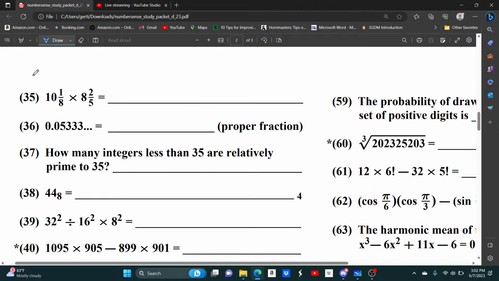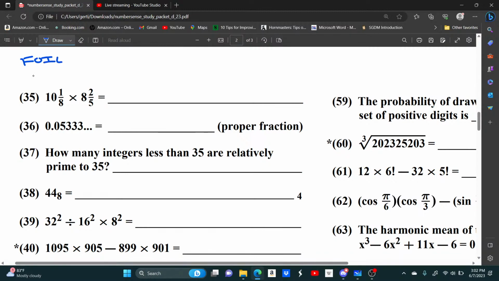Okay, let's start. Number 35: we have 10 and 1/8 times 8 and 2/5. When you're multiplying fractions and there's no particular pattern, a good thing to try is fraction FOIL.